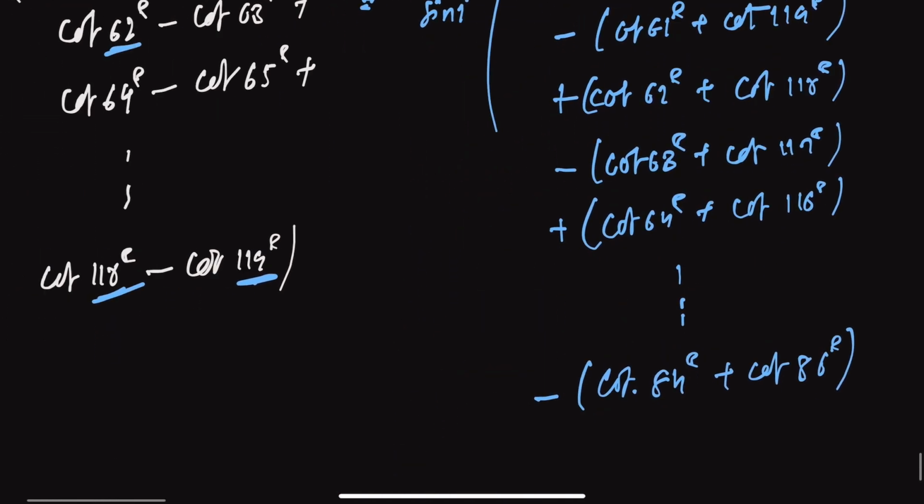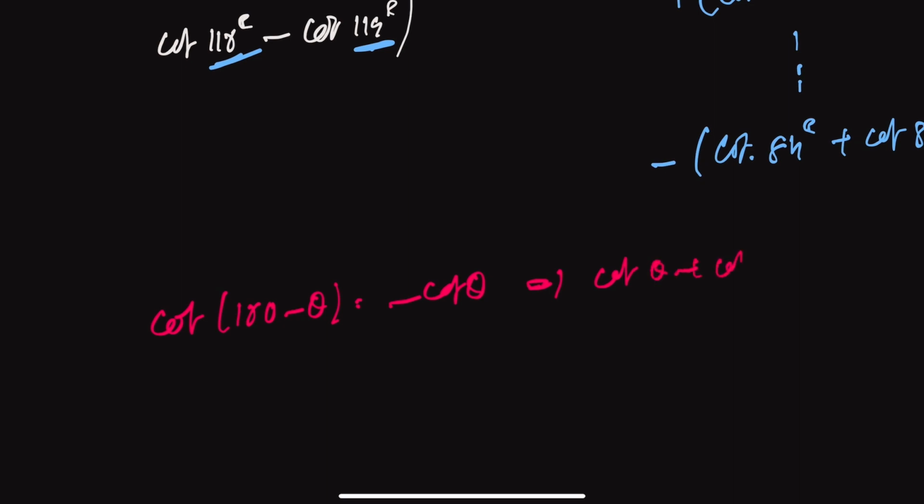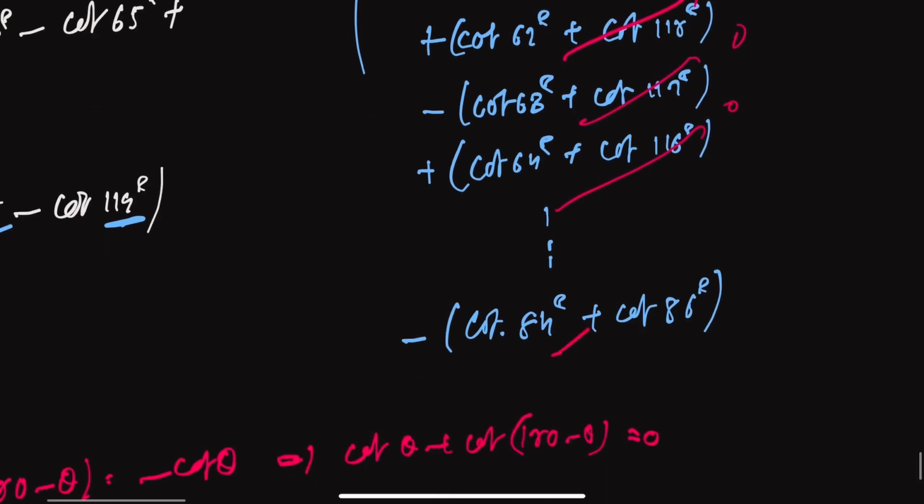So if we consider cot of 180 minus theta, it is just minus cot theta. That means cot theta plus cot of 180 minus theta is just 0. So all these terms will go to 0.